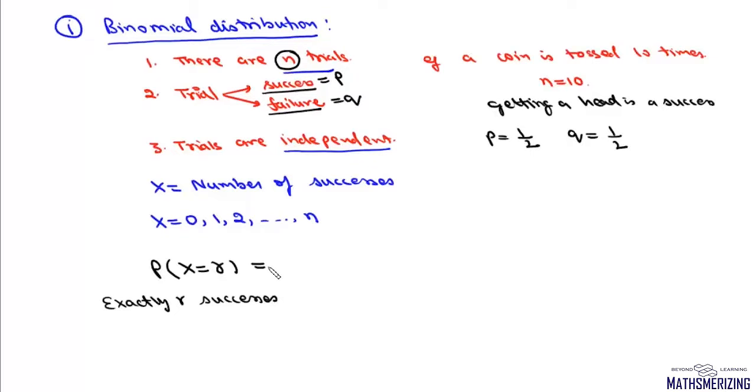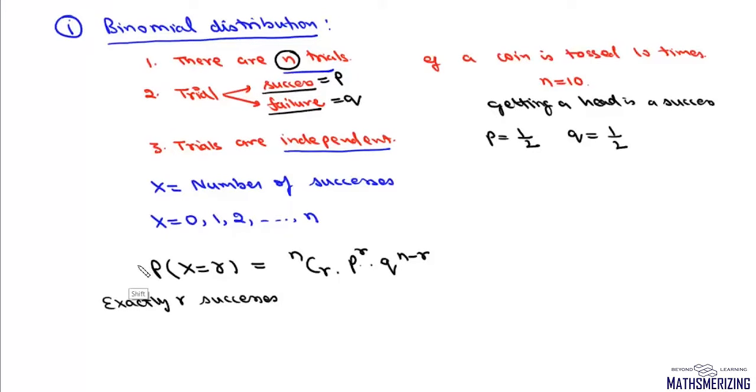First we have to select which r out of these n, which can be done in nCr ways. There will be r successes, and for each success the probability is p, so it will be p into p into p, r times, because trials are independent. That gives p to the power r, and then we have n minus r failures, so into q to the power of n minus r.